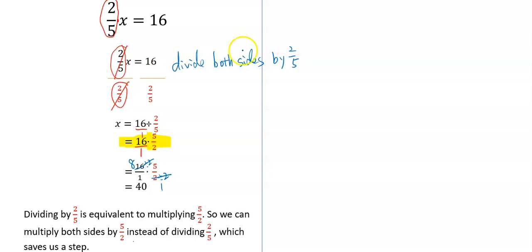The left hand side divided by 2/5, the right hand side divided by 2/5. So the left hand side and also the right hand side divided by 2/5.